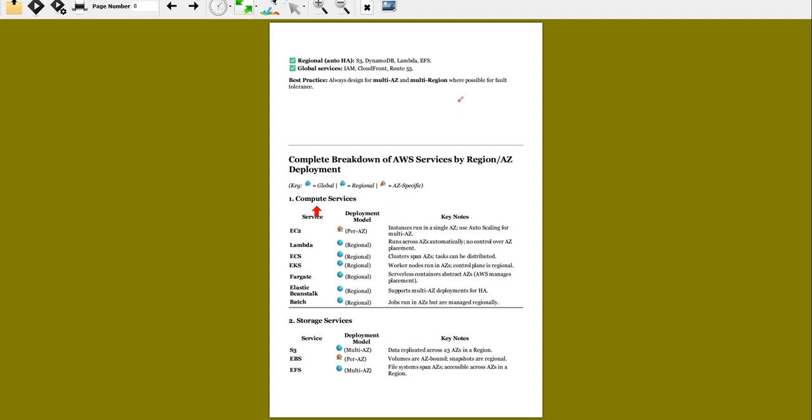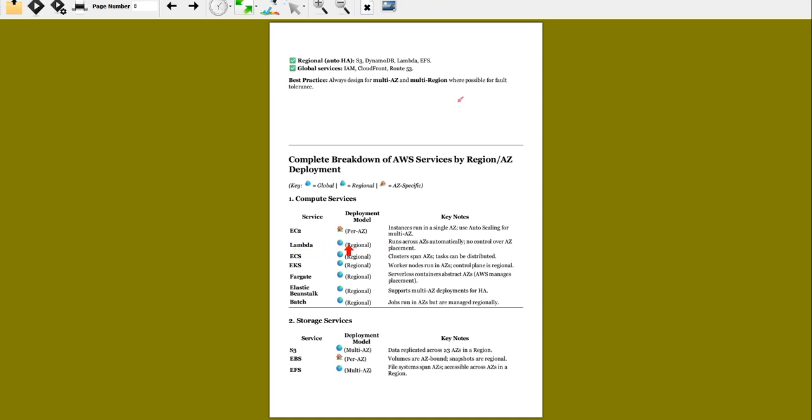The compute service EC2: the deployment model is per availability zone. Key notes: instances run in a single availability zone. Use auto scaling for multi availability zone deployment, right? So you have to use the auto scaling facility for availability.